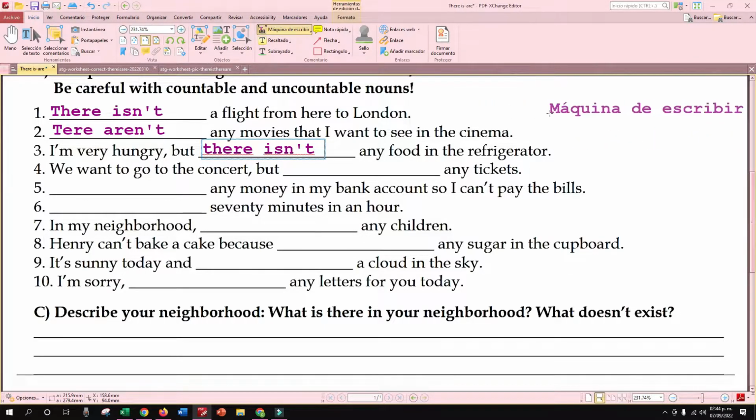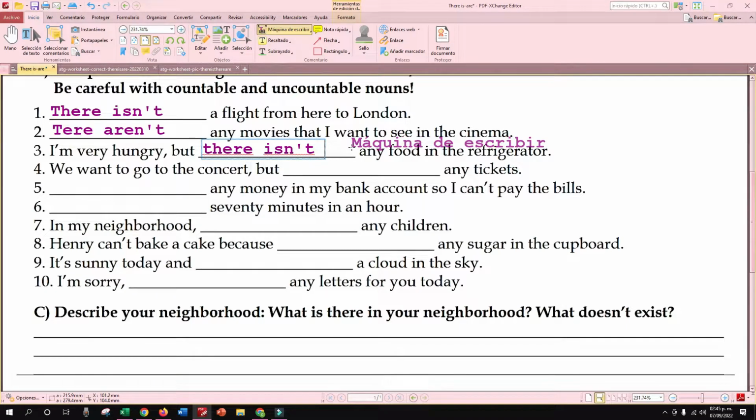En español nosotros decimos comida, ¿verdad? En general. Entonces en inglés igual, comida, ¿no? Decimos una comida, dos comidas, ¿verdad? Entonces food también cuenta como un uncountable noun, un nombre que no puede contarse así. Entonces comida en general, right?